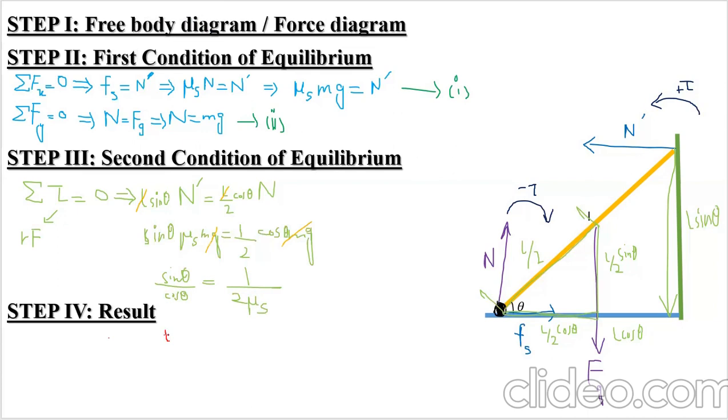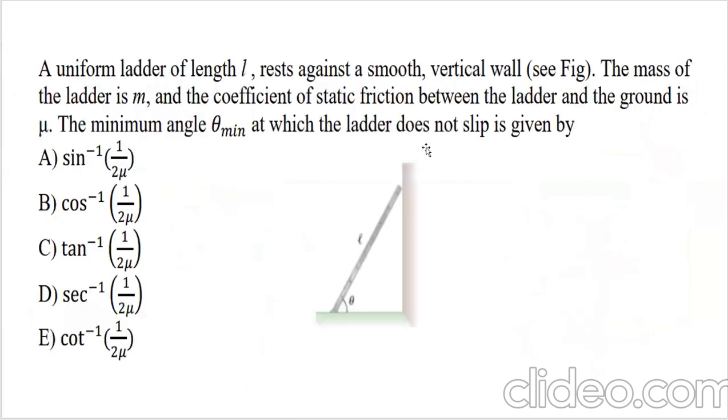So here tan theta is equal to 1 over 2 mu s, and from here theta is tan inverse of 1 over 2 mu s, which is the minimum angle at which the ladder does not slip.